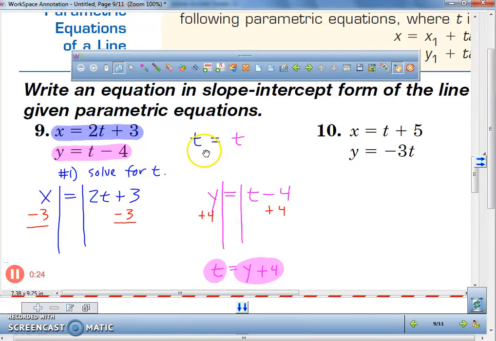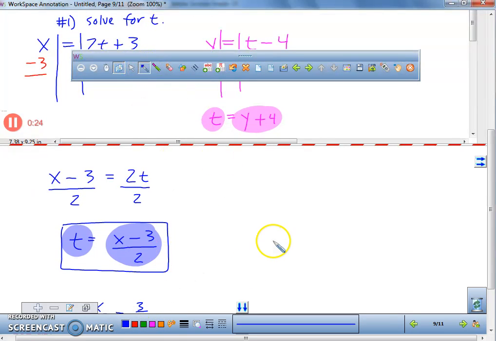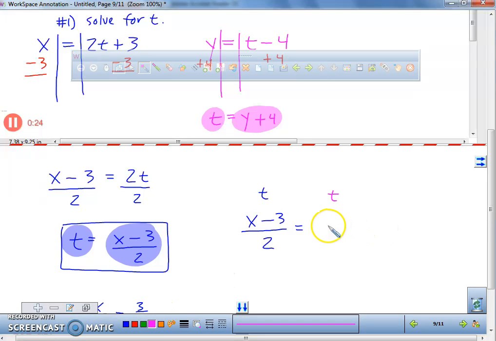Now, you remember when I said we're going to set this t equal to this t? That's what I'm going to do right now. Here we go. The blue t is equal to x minus 3 over 2, and the magenta t is equal to y plus 4. I am going to just simply place this over a 1.